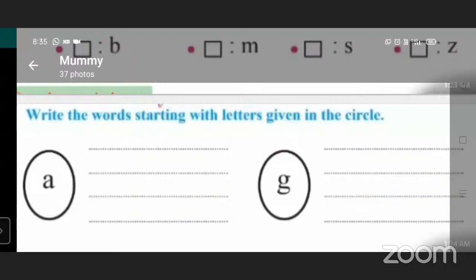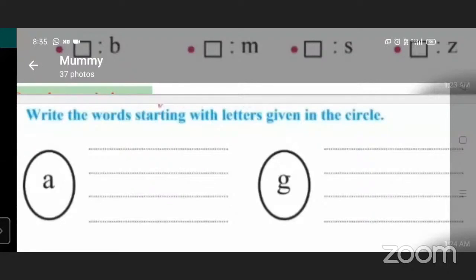Very good. Then again, say one more word. Aeroplane. Yes or no? Yes. And apple, aeroplane.